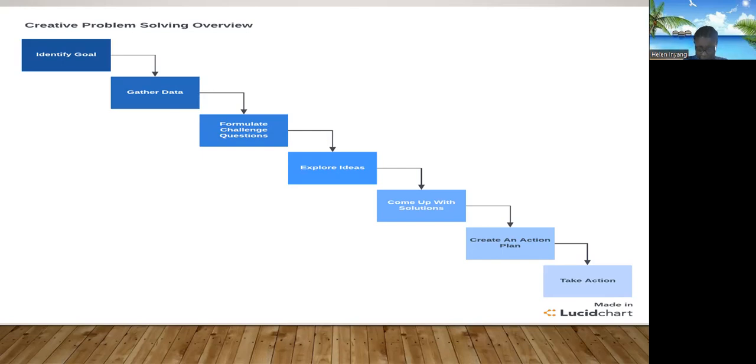Then evaluate each idea. Evaluating each idea will help you zero in on a perfect solution. You get ideas, test them, come up with them.